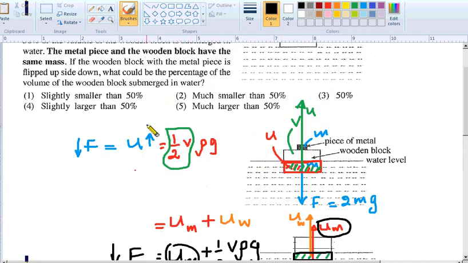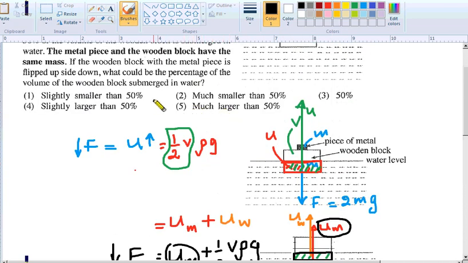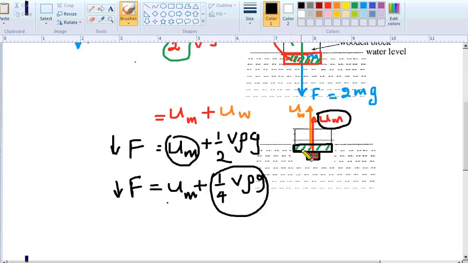So we can't say much, we can say slightly smaller than 50%. However, the submerged part must be smaller than previous one. Therefore the answer is slightly smaller than 50. What is slightly smaller? The submerged portion of this wooden block.